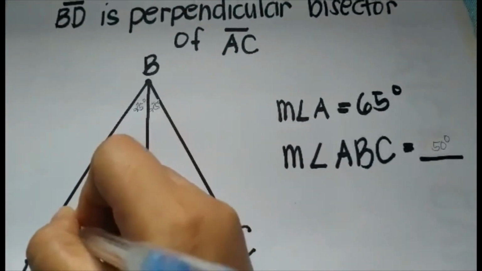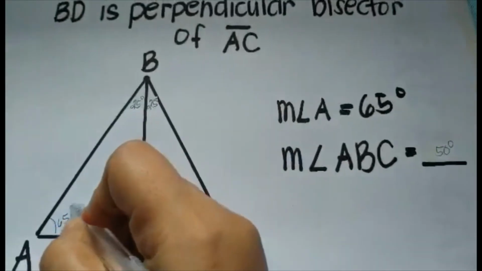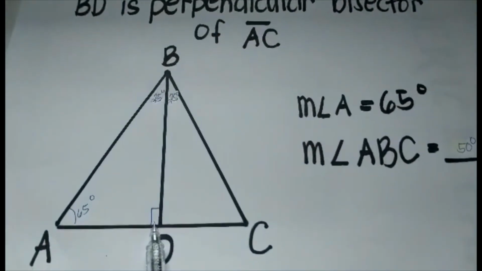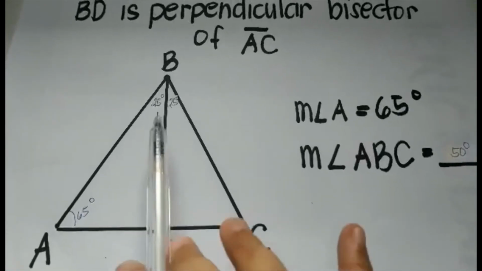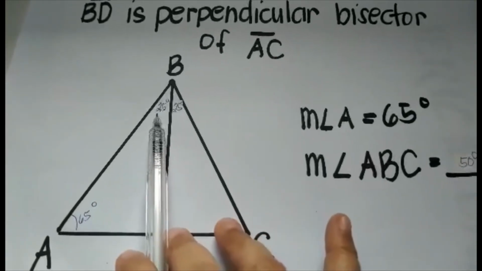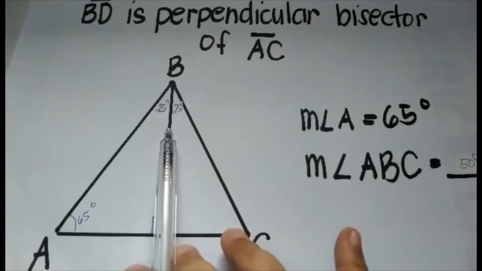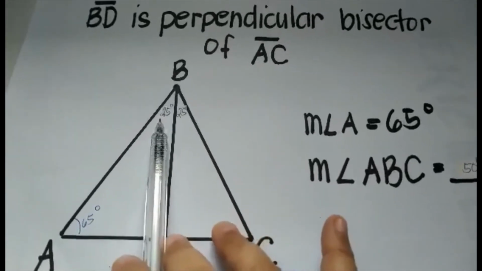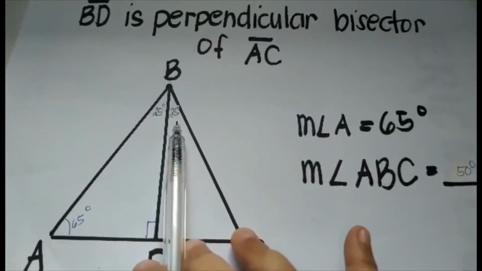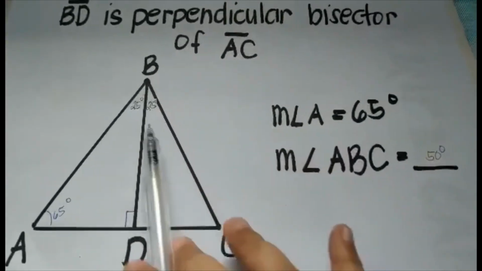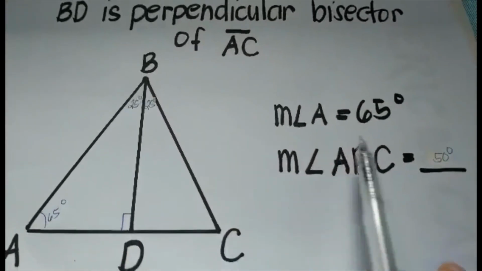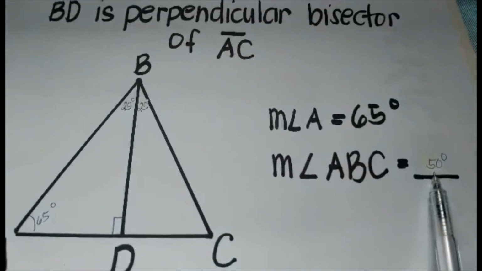If this is 65 degrees and this is 90 degrees, we add them and subtract from 180, and this will give us 25. Now since it's bisected by this segment, if this is 25, this is also 25. So we are to solve for angle ABC. We add both. That gives us 50 degrees.